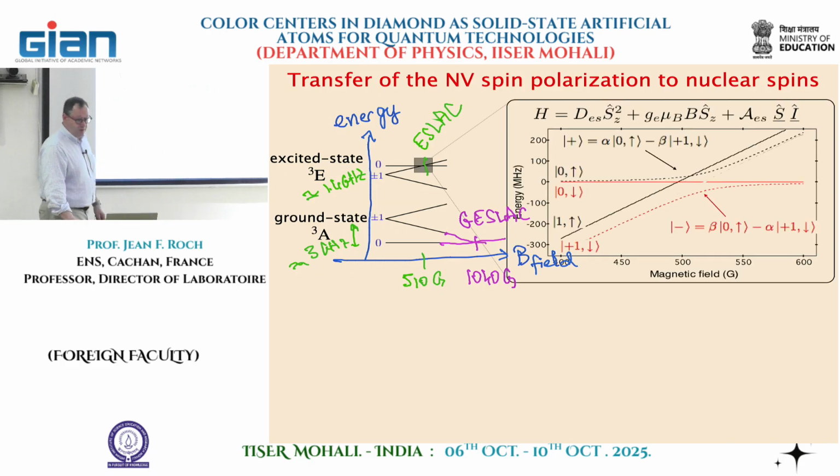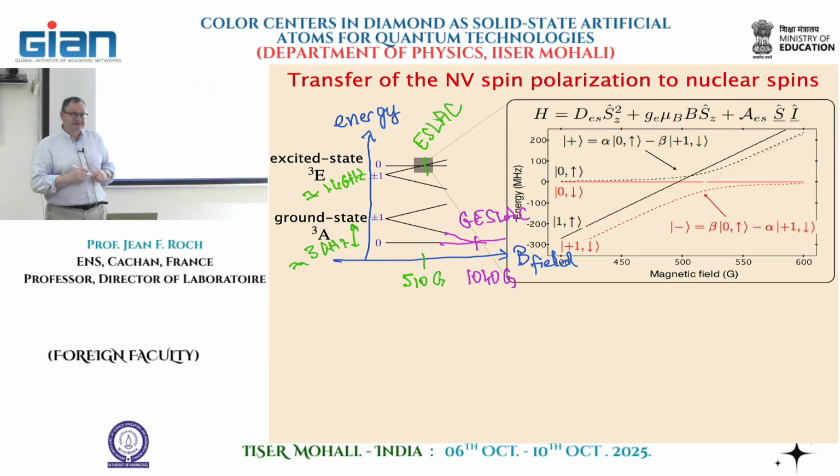Now, suppose we would have only the interaction between A parallel, SZ, IZ, okay? Then this crossing, again, is not a problem. It cannot produce a mixing between the different states.